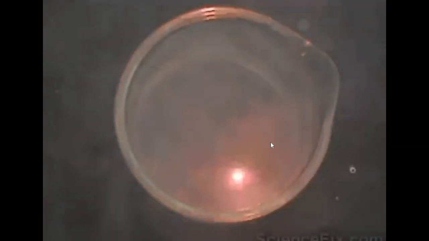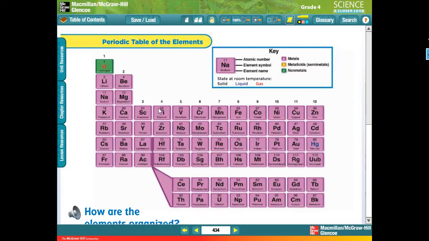Oh, can you see that guys? It's really amazing. That is a very strong reaction in water. That is sodium, just a piece of sodium. Now all the alkali metals will have the same reaction in water.